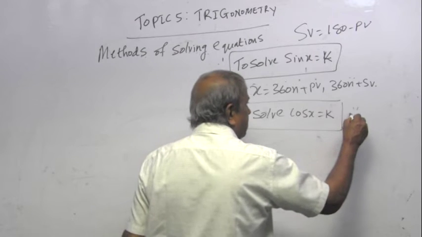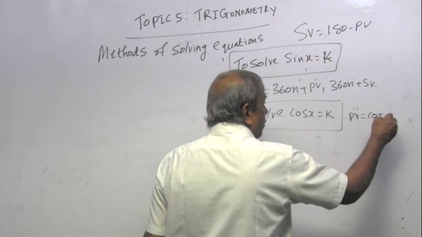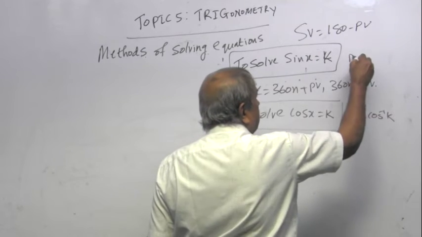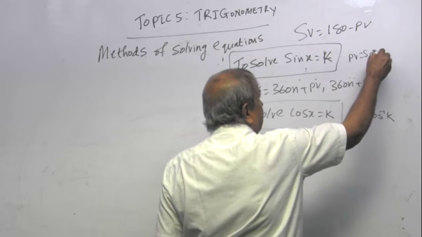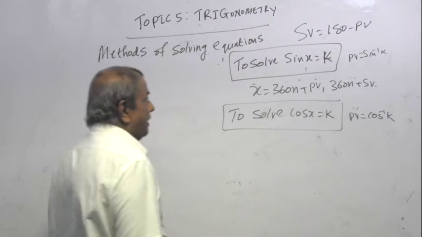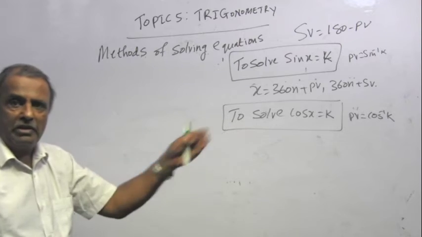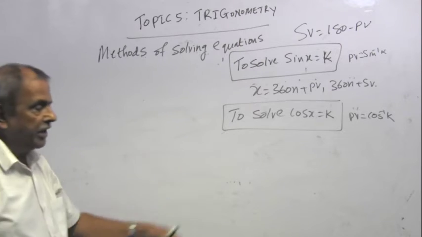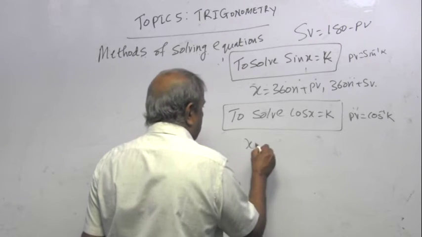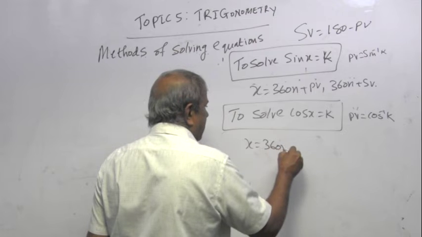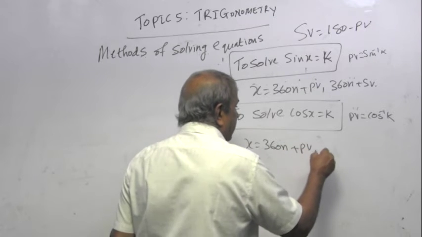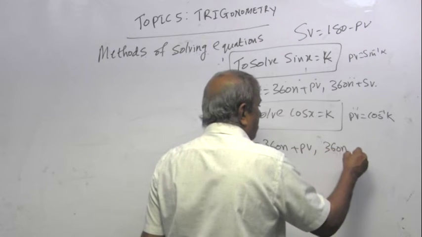So here PV is cos inverse k. Here PV is sine inverse k. Please don't use a PV of sine inverse k when you're doing cos. If it is cos, PV will be cos inverse. If it is sine, PV will be sine inverse. This is x equal to 360n plus PV, 360n minus PV.